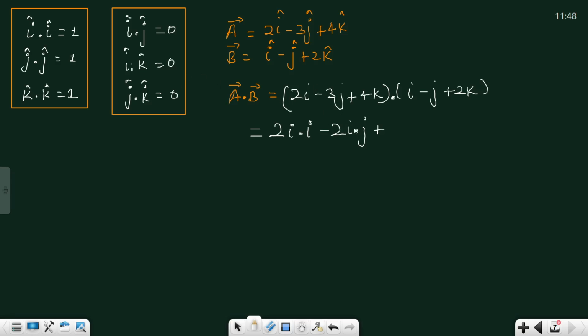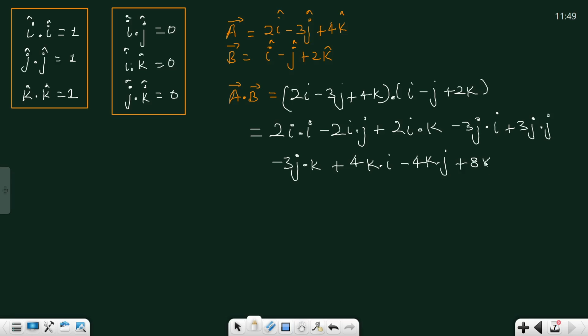So: 2i dot i, then minus 2i dot j, then 4i dot k, then minus 3j dot i, then plus 3j dot j, then minus 6j dot k, then plus 4k dot i, then minus 4k dot j, the last one is plus 8k dot k.